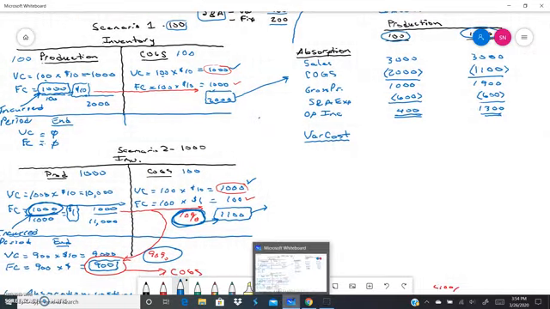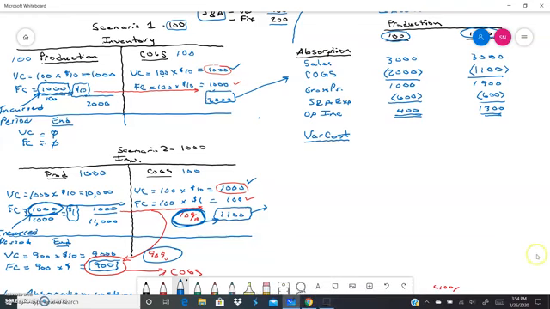So the first thing we're going to start off with, again, is sales. And again, both scenarios are going to have the same sales figure. Then what we're going to do is, again, we want to break this into variable cost and fixed cost.